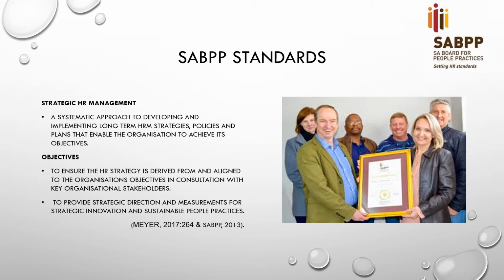The objective of strategic HR management is to ensure that the HR strategy is derived from and also aligned to the organization's objectives in consultation with key organizational stakeholders. It also aims to provide strategic direction and measurements for strategic innovation and sustainable people practices.